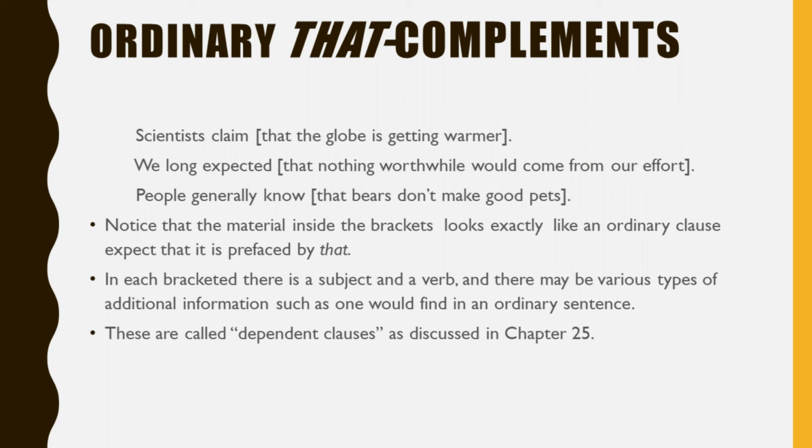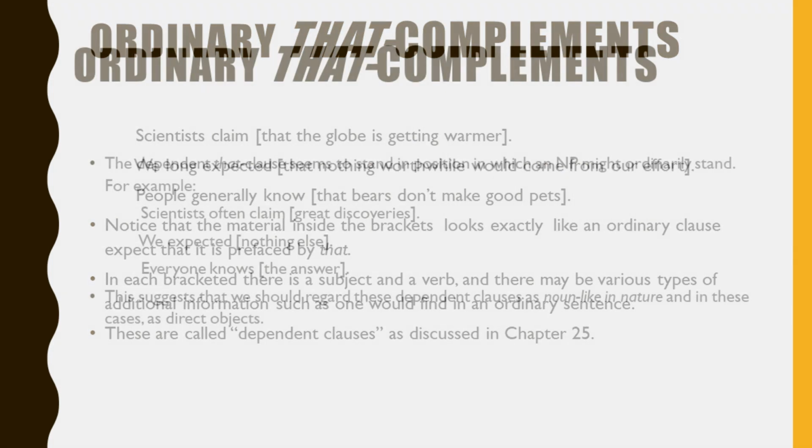What is different is that these bracketed clauses cannot stand by themselves as acceptable sentences as long as they begin with that. As we discussed in chapter 25, such clauses are called dependent clauses because they depend on or require the presence of another clause to which they are attached in some way.